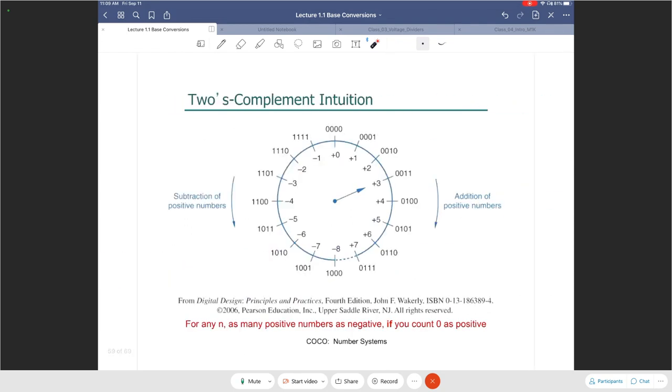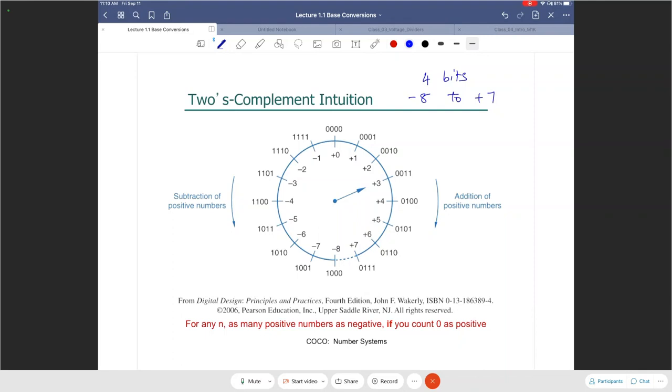Now let's talk about what would happen to these numbers as you are adding or subtracting positive numbers. Now, if you look at 4 bits, we are assuming that we have 4 bits and we can represent -8 to +7 with 2's complement form.